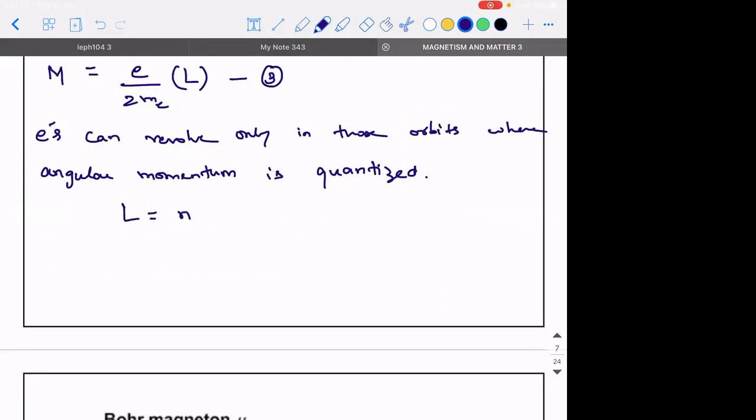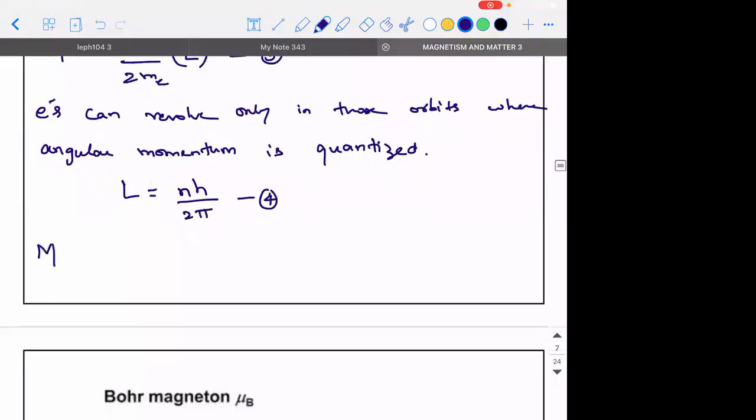He has given L is equal to N into H divided by 2 pi. Have you seen this expression? Where N is the orbit number, or you call it the principal quantum number. H stands for Planck's constant, and 2 pi is obviously a constant. Let me take this as 4.